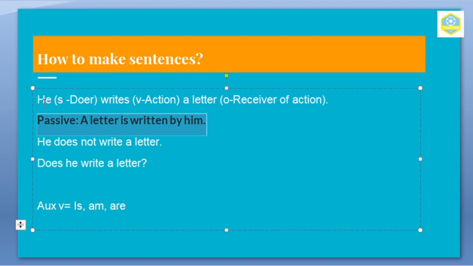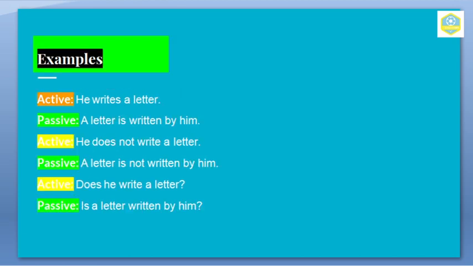This is the active form, as I told you: the doer, the verb action, and the object. So here are some examples for the question mark and all these. He writes a letter. A letter is written by him. He does not write a letter. A letter is not written by him. We will not be using does, because we have the auxiliary verb.